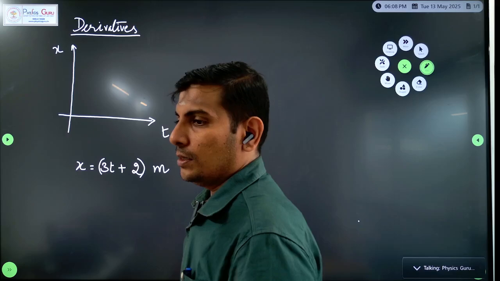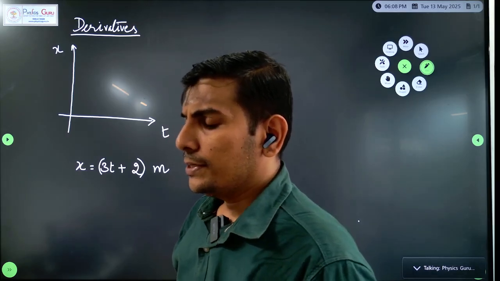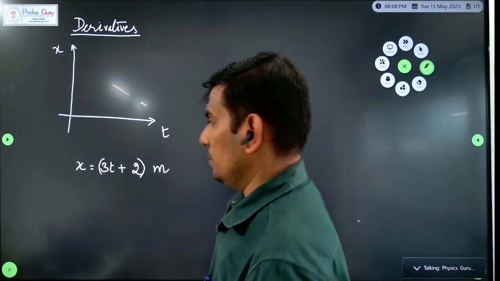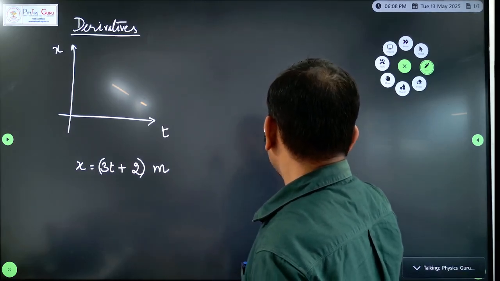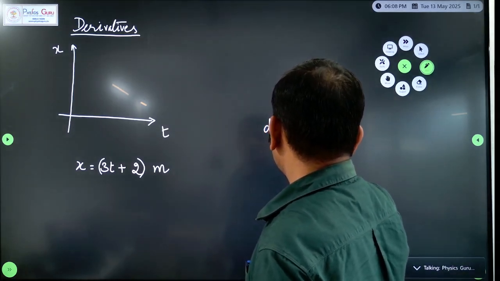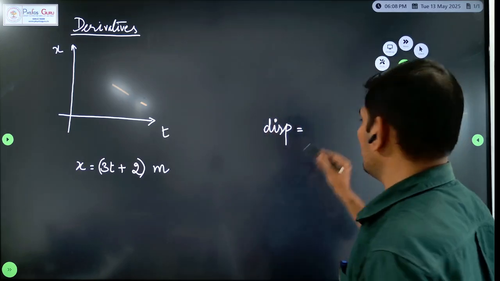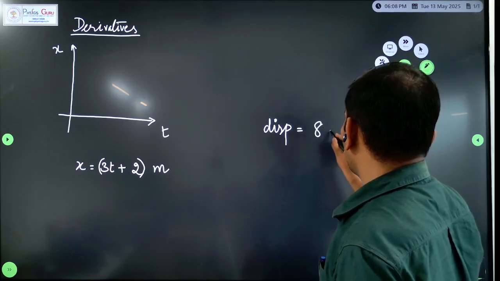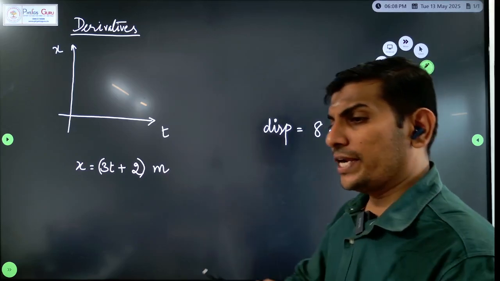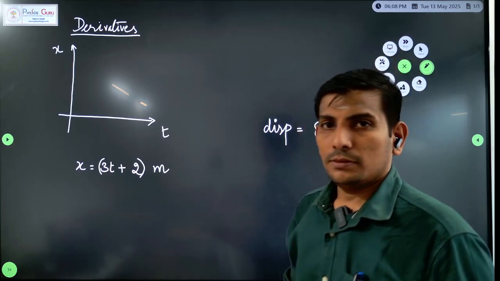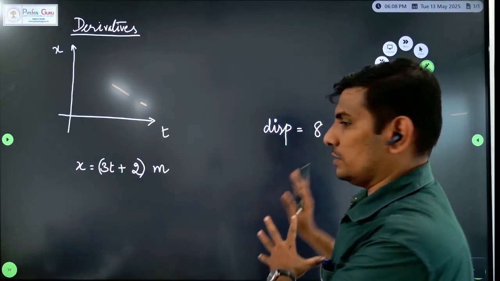So if someone is giving you the displacement up to grade 10, you might have learned displacement is equal to, they might have given an equation to you that is like 8 meter. So here you get a straightforward number. Displacement is this much.